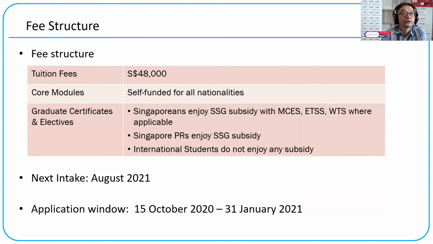And this is the fee structure. The fee will be 48,000, and it's self-funded. The next intake is next August, and applications start right now, from tomorrow all the way to the end of next January.